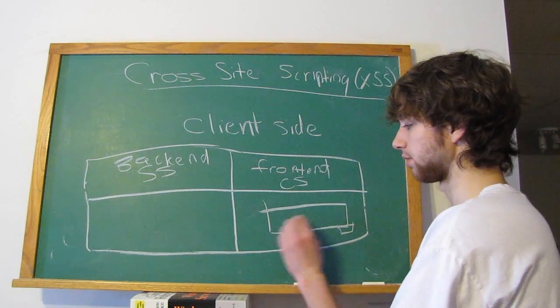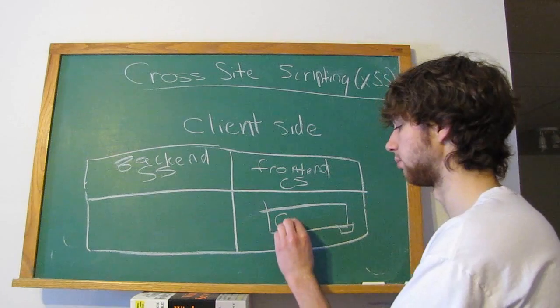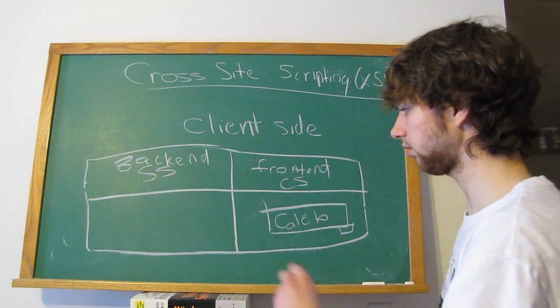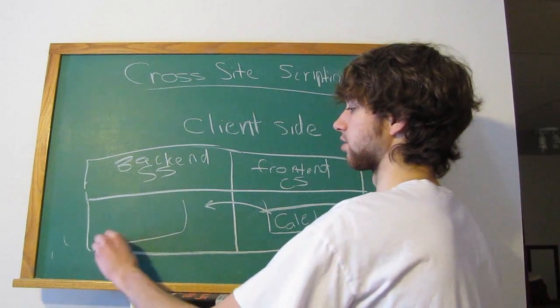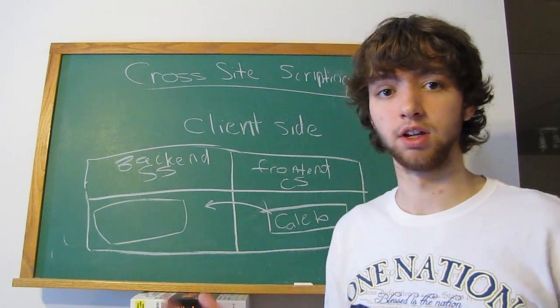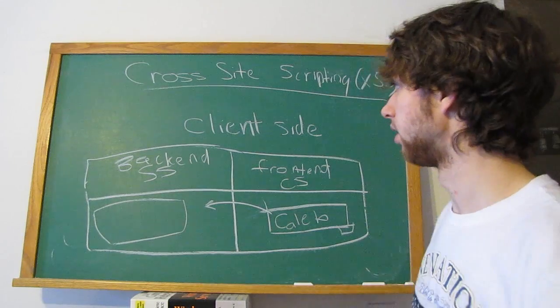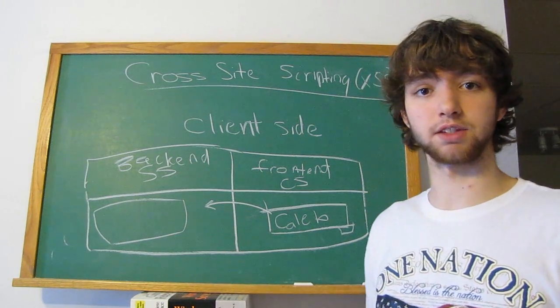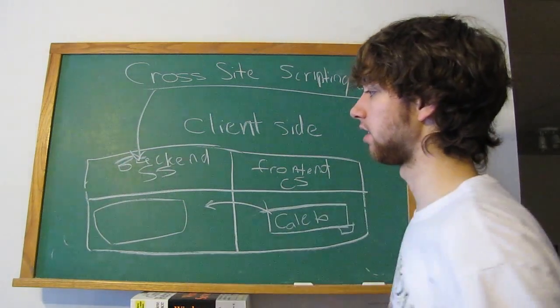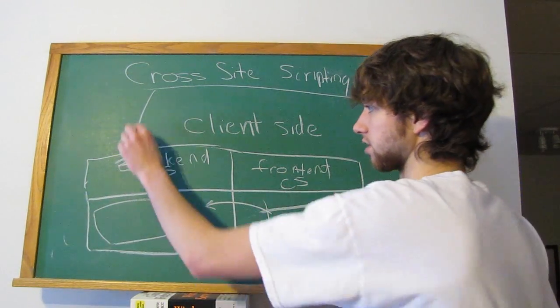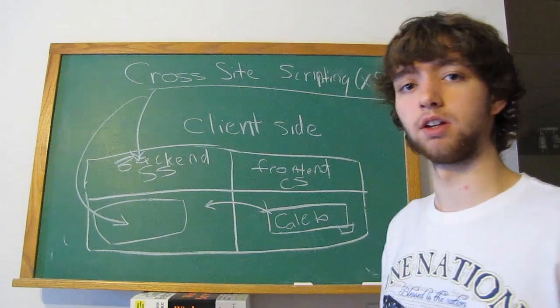So if you put something in a text box like your username, this gets sent to the server side, which is then stored in a database or something. It does something with it, it doesn't really matter. If you're working with an SQL injection, that is attacking the back end by getting false information submitted into the database.